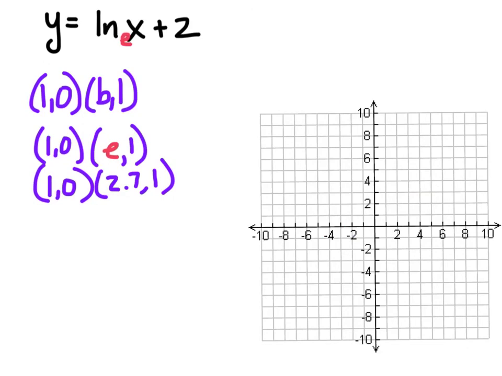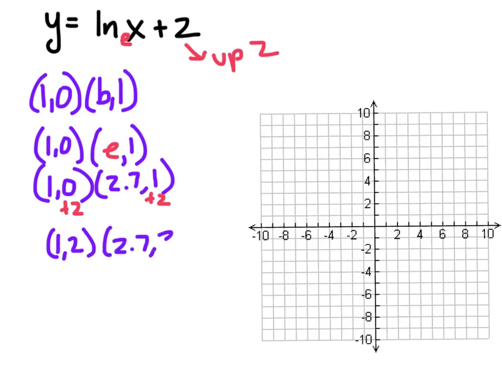All right, and the only transformation here is that this moved up 2. So that affects the y's. So I'm at 1, 2 and 2.7, 3. Did the vertical asymptote shift at all? No, so it's still here. What's the equation of this line? x is equal to 0. Okay, I plot the points 1, 2 and 2.7, 3.